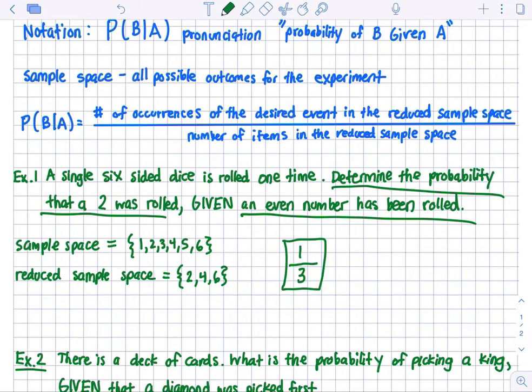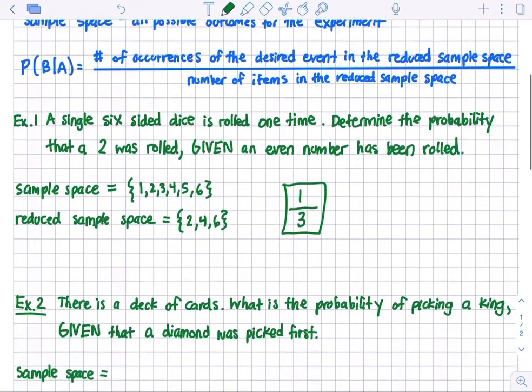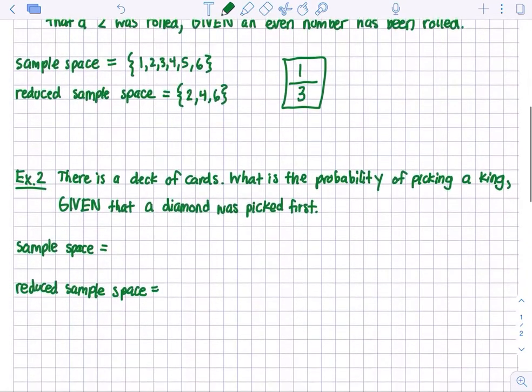Then out of this restricted amount of outcomes, which one is a 2? Only 1 is. So it's 1 out of the 3. It's a weird way of thinking, and some of you are getting it and some of you probably not, but that's okay, because it's a process. Alrighty, let's go to example 2.